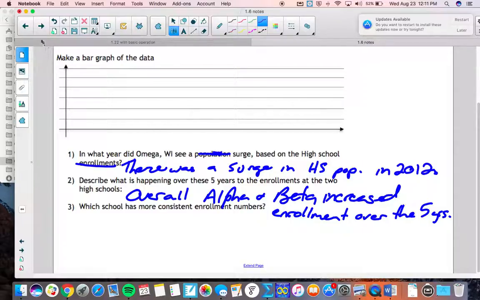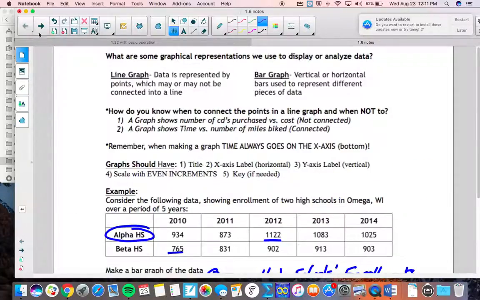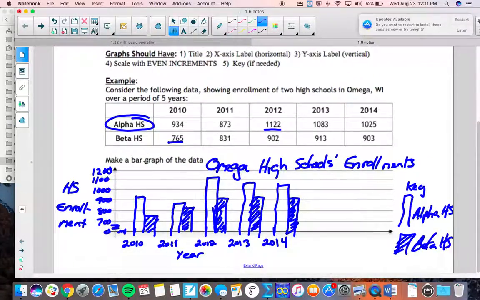Which school has more consistent enrollment numbers? So if you look at the trend, and here you can kind of make a line to show the trends. The one that has the most consistent, the least amount of variation is definitely going to be beta.